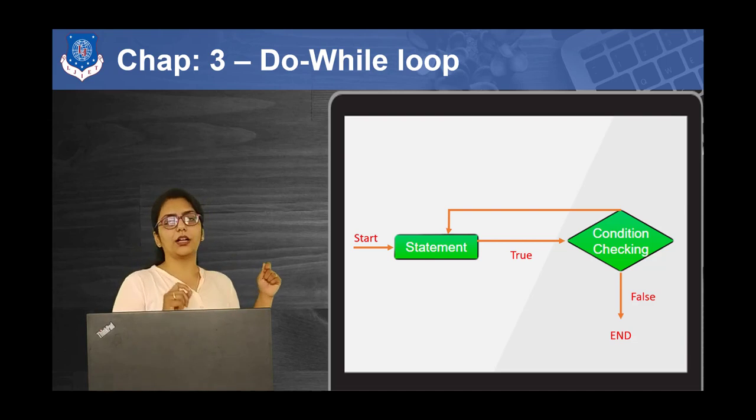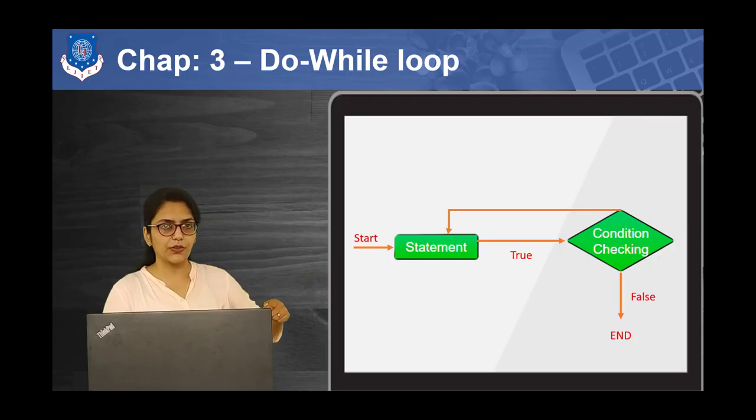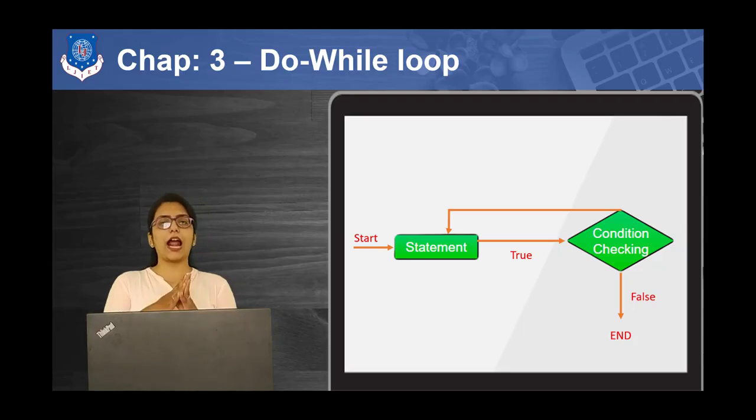For the first step, the condition is always treated as true, so I have written true there, and then it checks the condition after coming out of the loop body. If the condition is true, it goes to the statements again, and it keeps doing that until the condition is false. So this is all about the entry control loop and exit control loop.